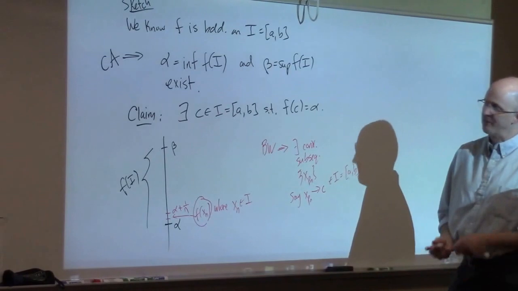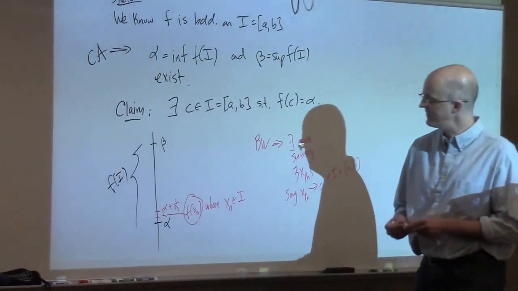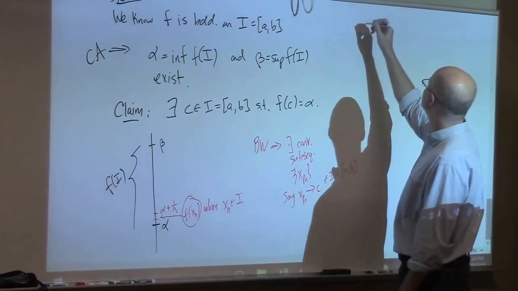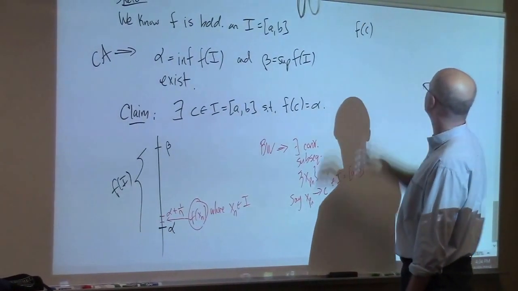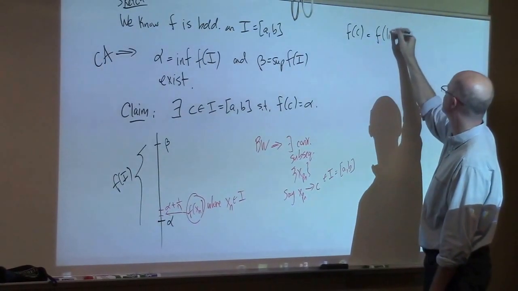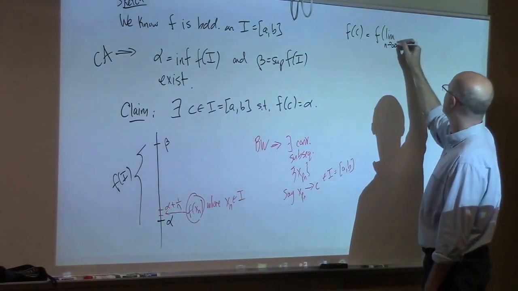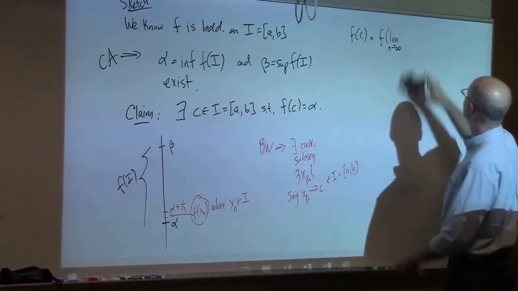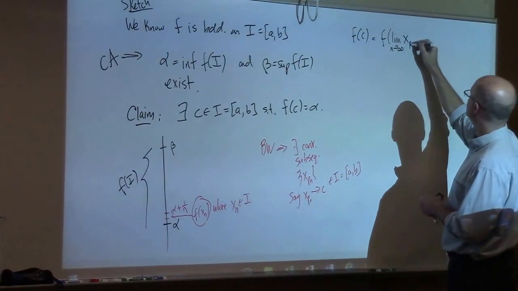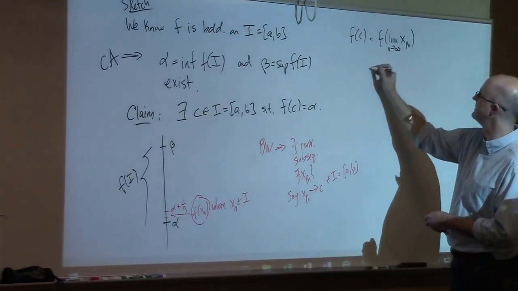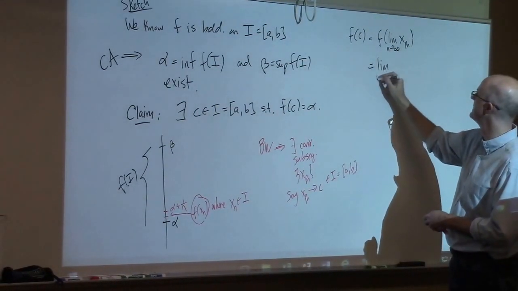The proof uses the continuity of f. f of c, c being the limit of the subsequence, can be written like this. And again, the continuity comes in the next step in pulling the limit sign in front of the function.